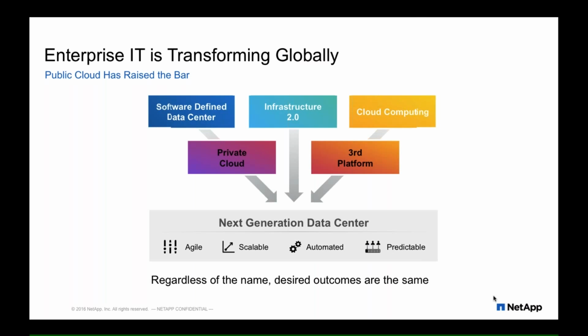We're seeing a lot of transformation today in IT, whether you want to call it software-defined data center, or infrastructure 2.0, cloud computing, third platform I've heard, or private cloud. The desired outcomes are the same.